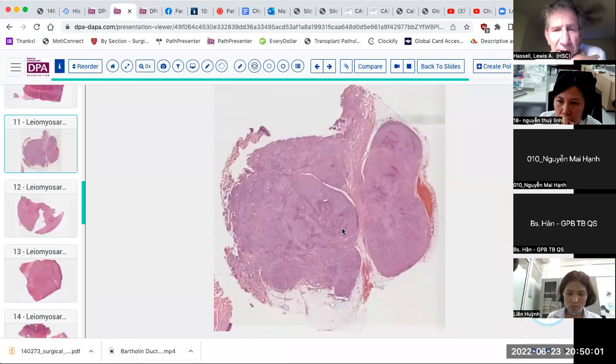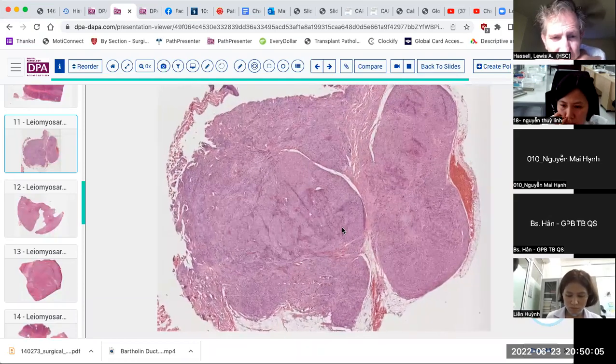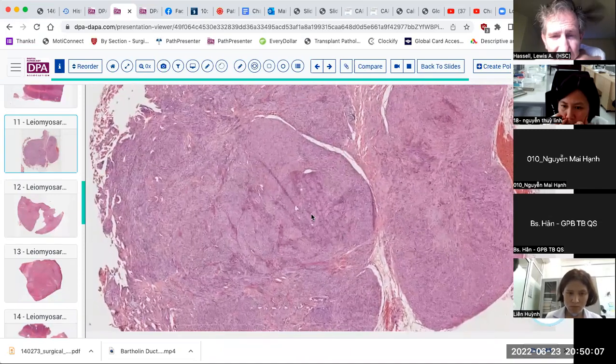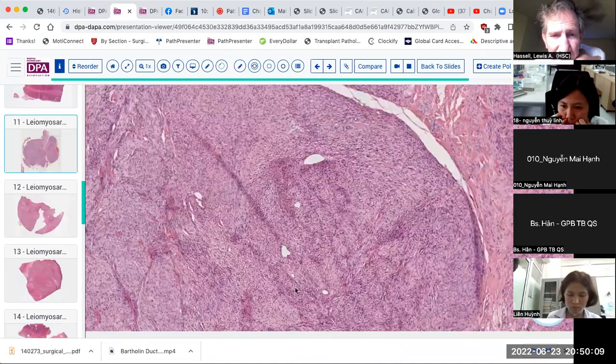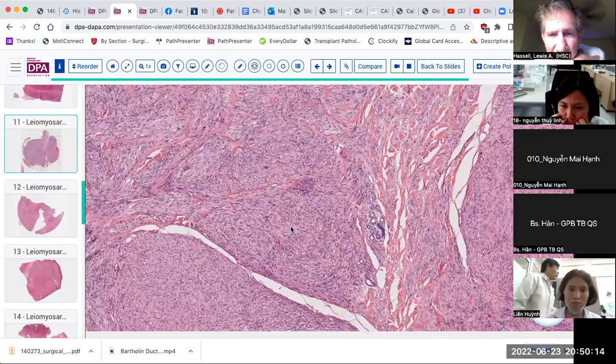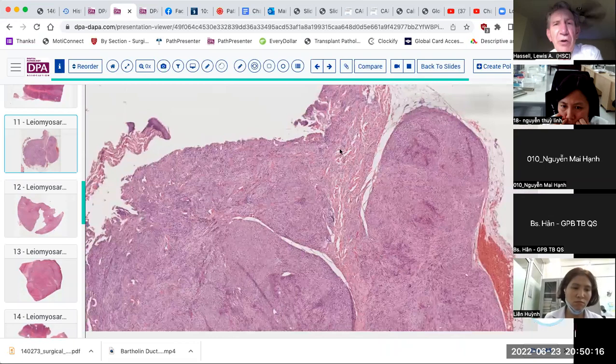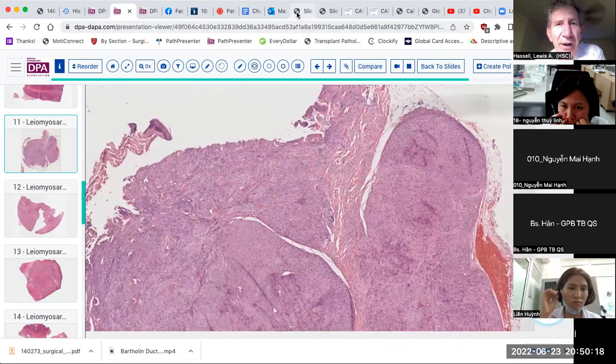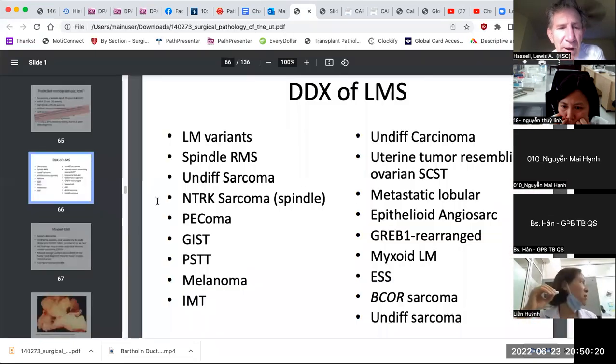See another one here. I think this is actually from the skin, so we'll ignore that one and go back to the other slides here.